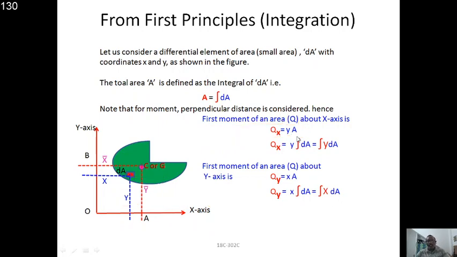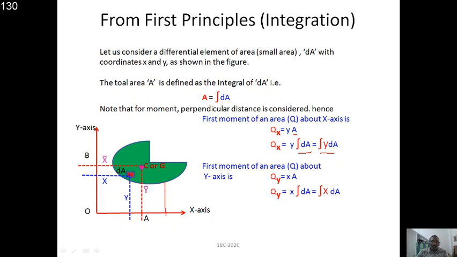In order to get the area, I need to integrate the differential element of each particle. So area is the summation of each individual differential element. Hence I am integrating, and then y dA. I kept that y inside the integration because y gives my boundary conditions.